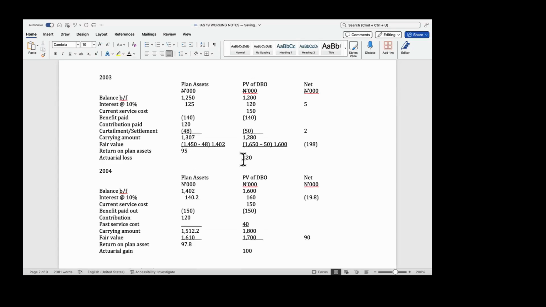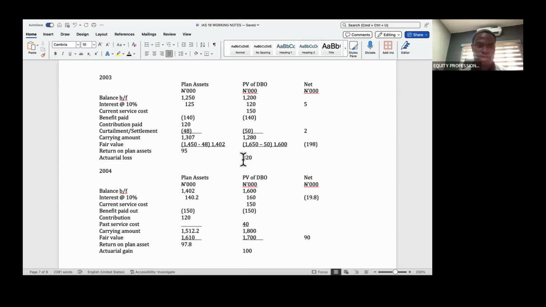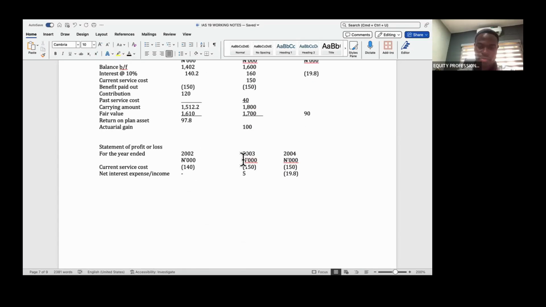Past service cost. Yep, past service costs. How much? This one, 40 in 2004.